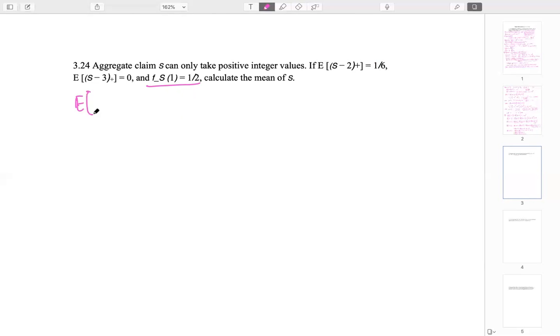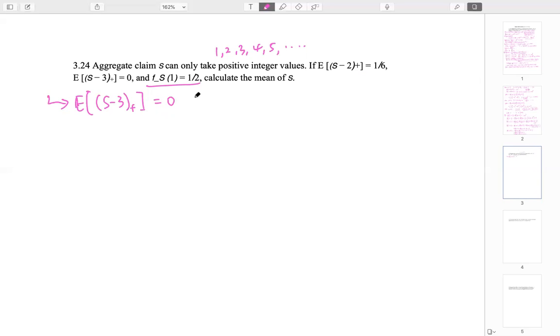So the key is to realize this. What can you tell from this condition? If you know the aggregate can only take positive integer values, which means it will be 1, 2, 3, 4, 5, etc. And you have S minus 3 taking the positive part, the expectation is 0.